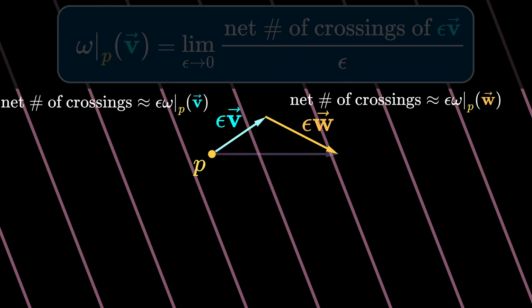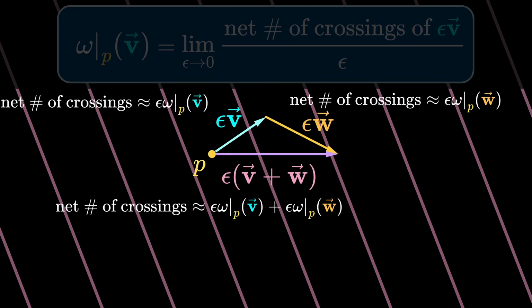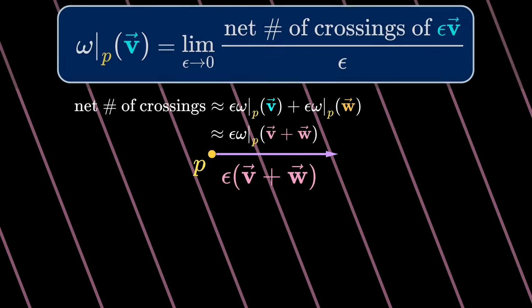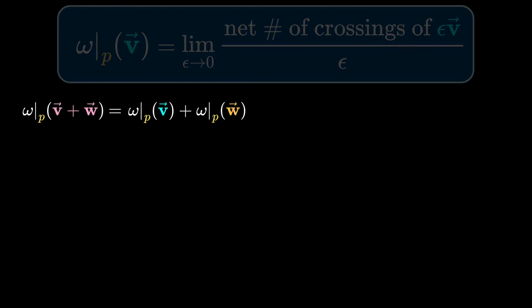So for the vector sum epsilon times v plus w, the net number of crossings should be their sum. But here's the thing, the net number of crossings of this vector is by definition approximately epsilon times omega at p acting on v plus w. So this function, omega at p, is an additive function.